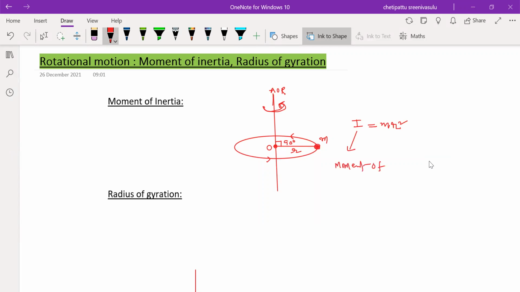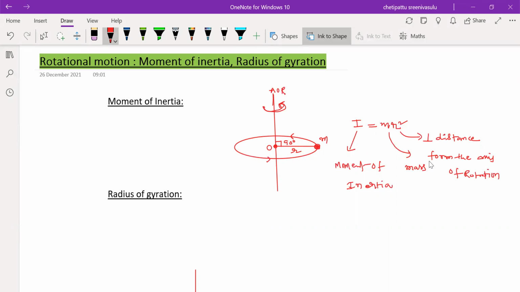Here I is called the moment of inertia, m is the mass of the object, and r is the perpendicular distance from the axis of rotation.